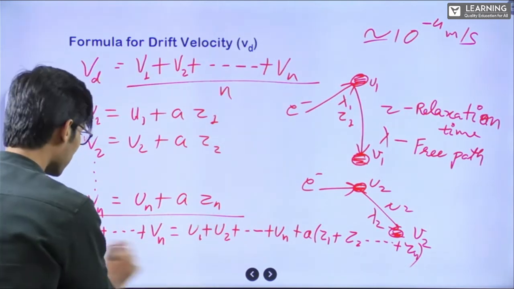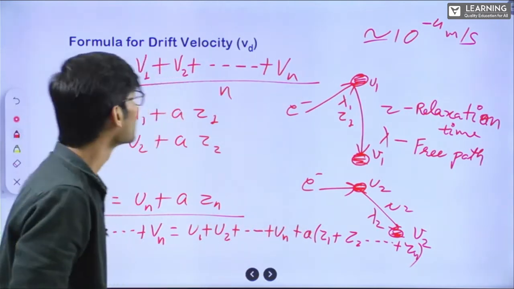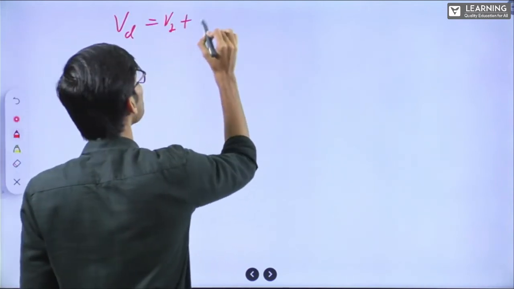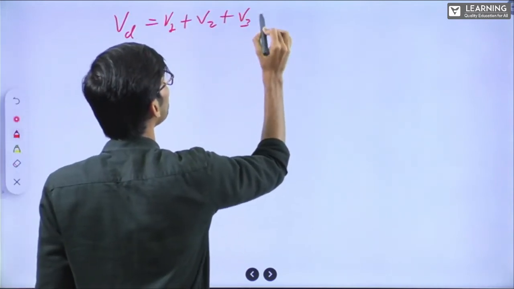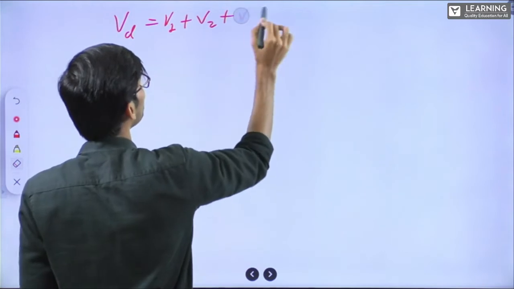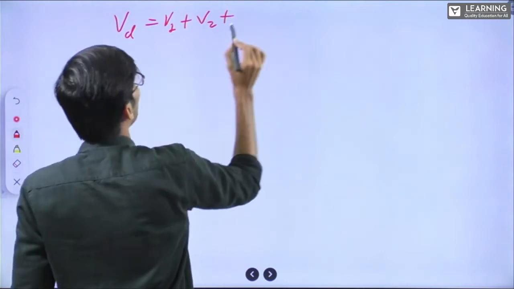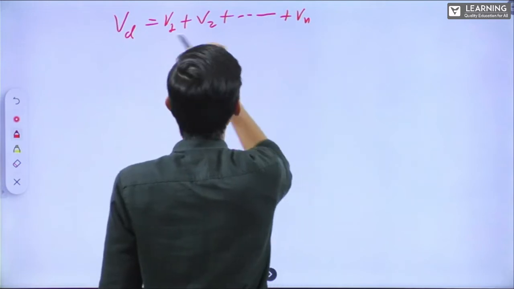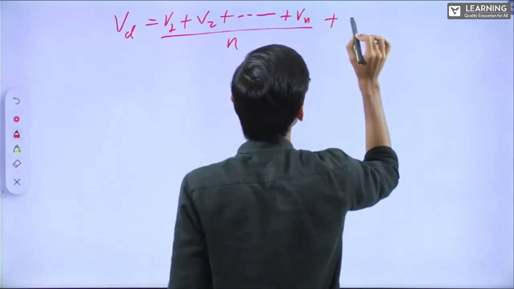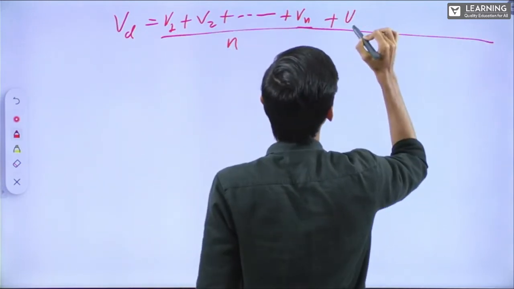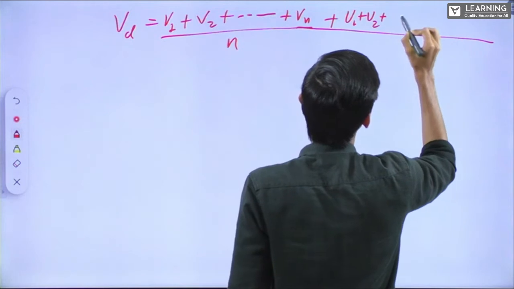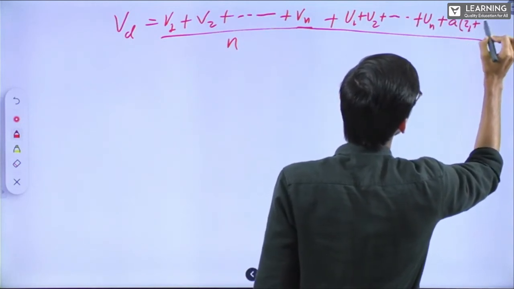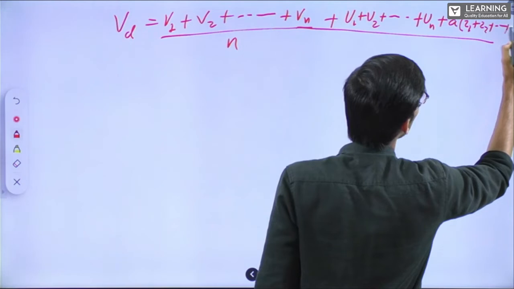Average means if I divide by n both the sides. So this will be Vd is equal to V1 plus V2 and so on till Vn divided by n, which is U1 plus U2 till Un plus A common, tau 1 plus tau 2 and so on till tau n.